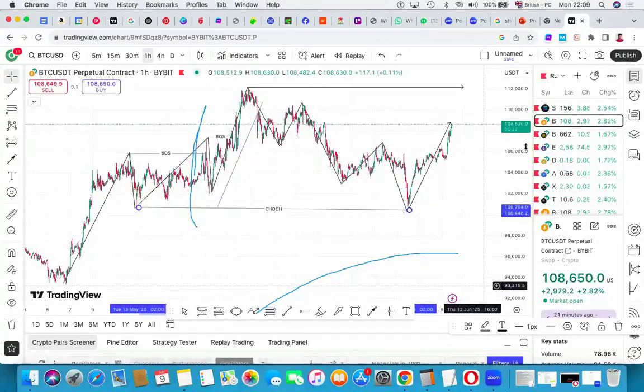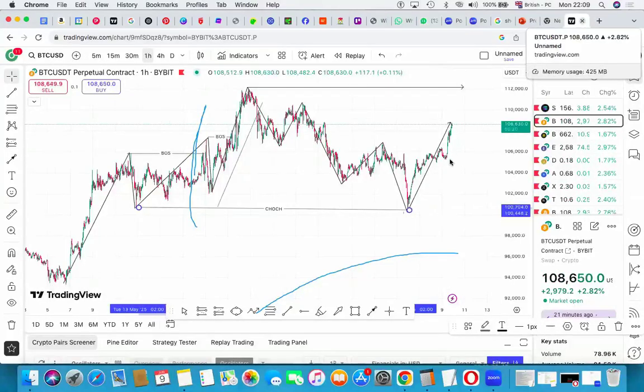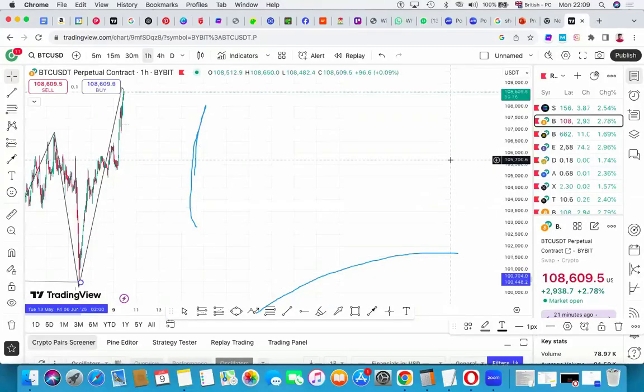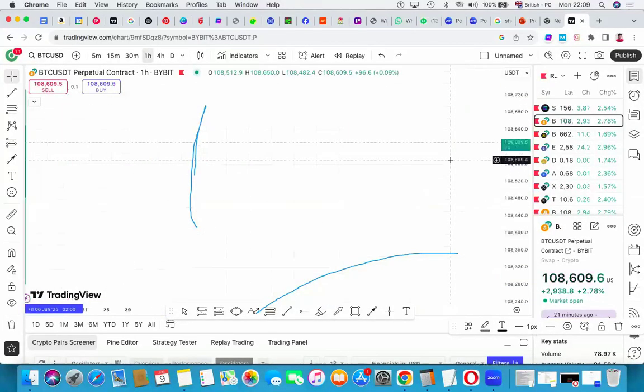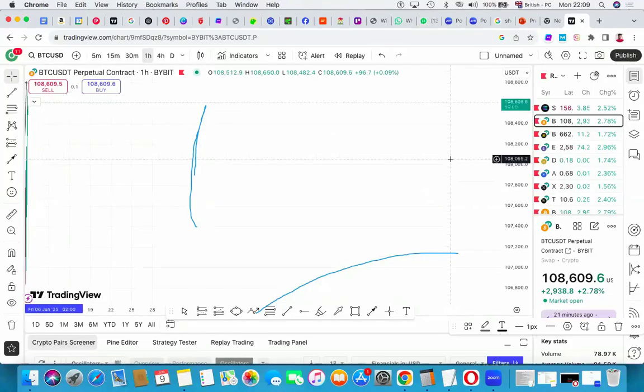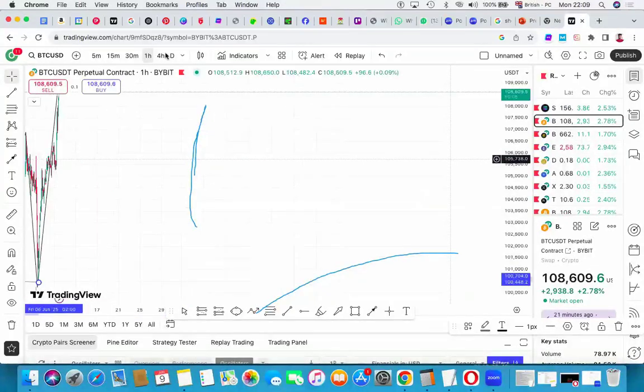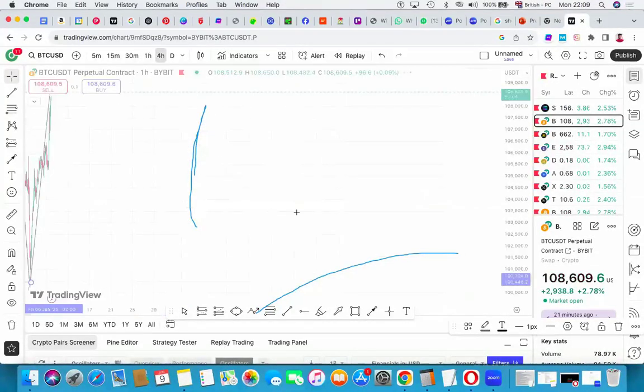So do you guys understand up to this area? Look at the example I gave you around here. Almost a 24-hour time frame.